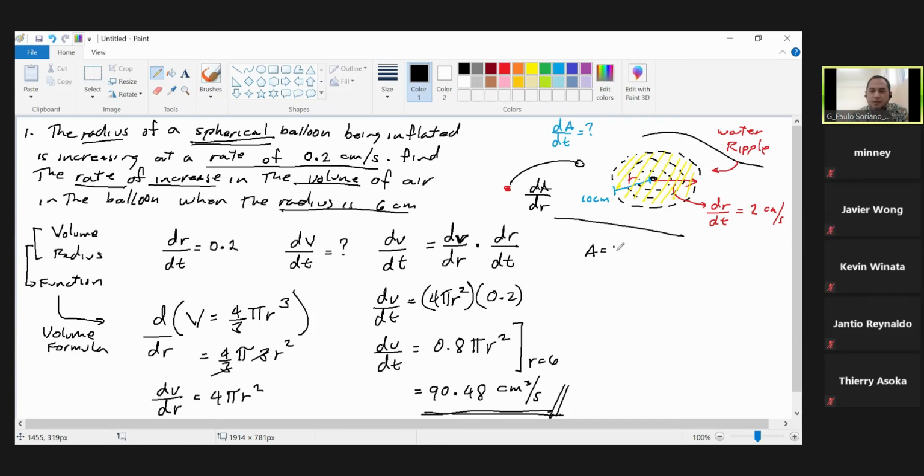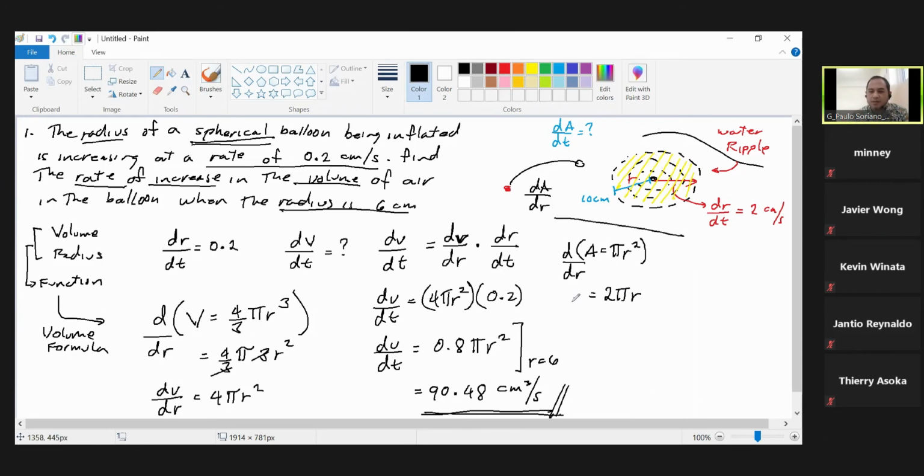So we need to get the derivative with respect to r of this, which is 2 pi r.